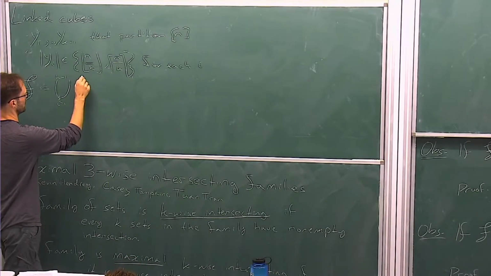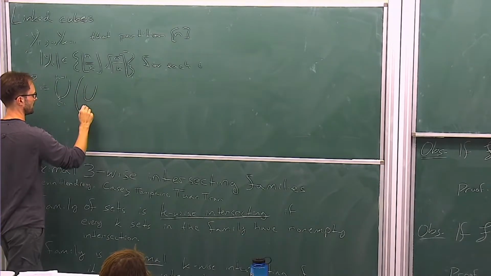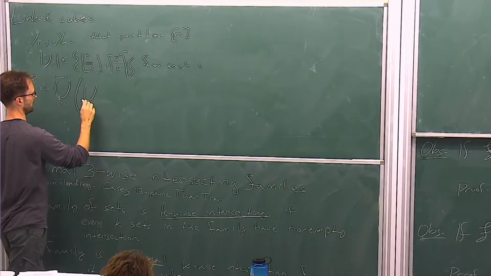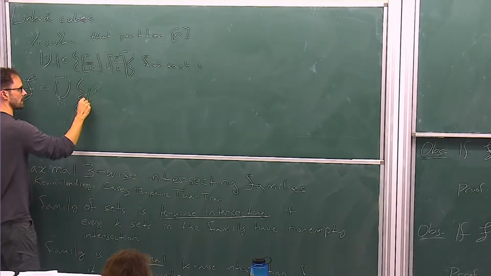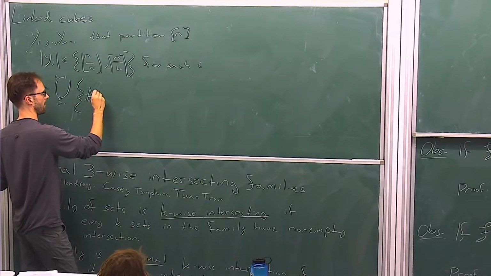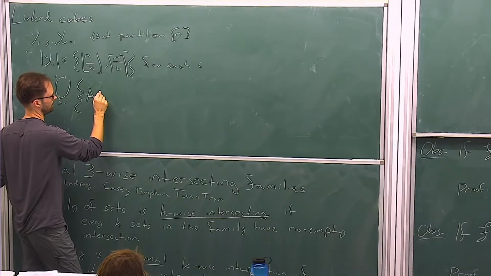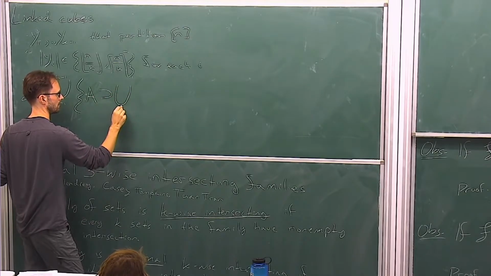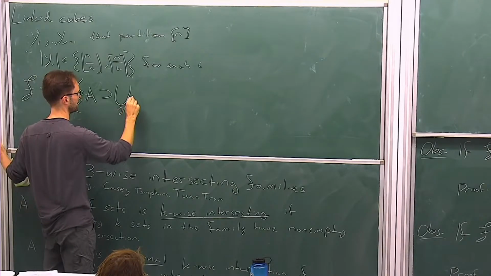So let's say, union over I of the sets A that contain the union over J, J not equal to I.